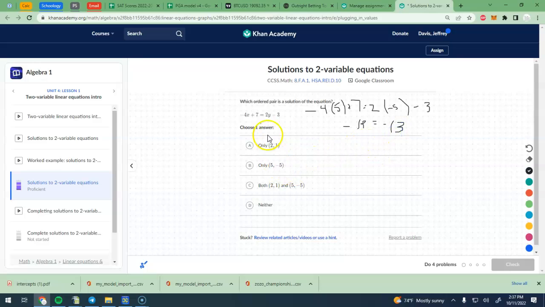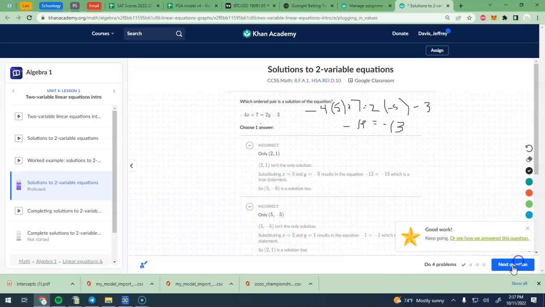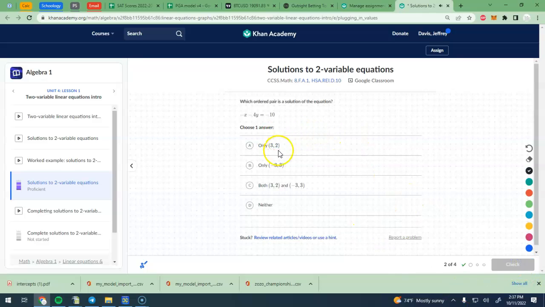That's also -13, so since they both come out true, it should be C. So you're just checking both these points, and sometimes they'll both work, sometimes neither, sometimes one or the other. But remember that the first number they give you is always x, and the second number they give you is y. So plug it in, work it out, and see if they come out equal or not.